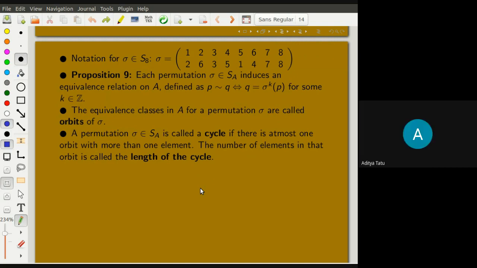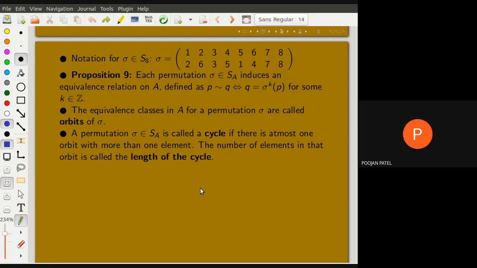No, that doesn't make sense. So 3, 7, and 8 remain as they were, right? Nothing is happening to them. Yes. In fact, the cycle would be 1, 2, 6, 4, 5, and 1.